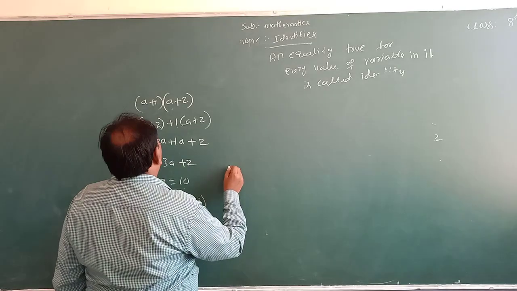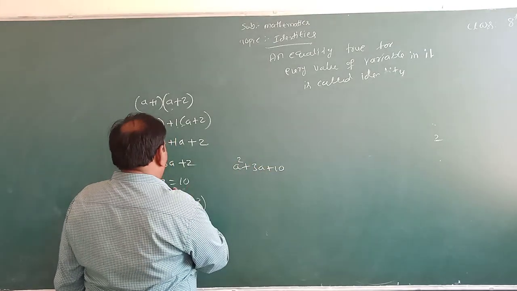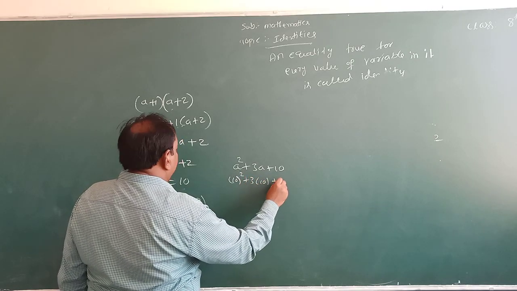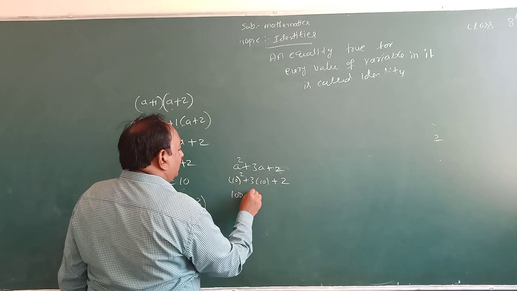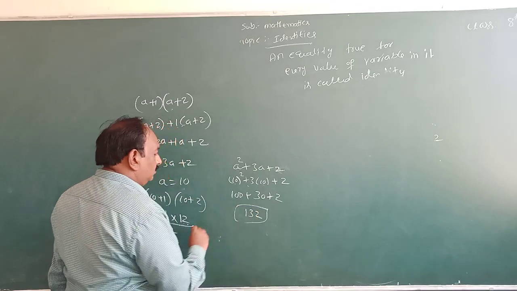Next, substitute in a square plus 3a plus 2. What is a? 10 square, 3 into 10, plus 2. 10 tens are 100, 10 threes are 30, plus 2, 132.